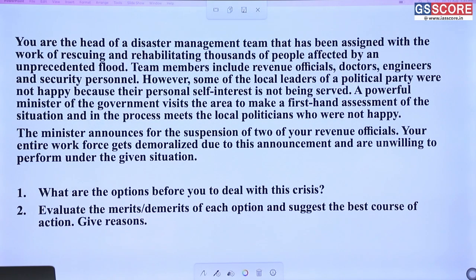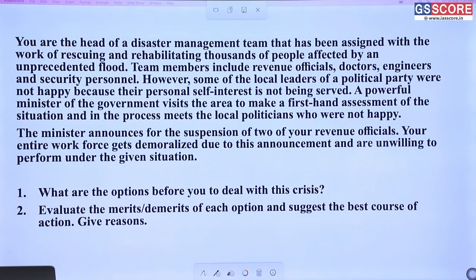You are head of a disaster management team that has been assigned the work of rescuing and rehabilitating thousands of people affected by an unprecedented flood. Team members include revenue officials, doctors, engineers, and security personnel. However, some of the local leaders of a political party were not happy because their personal interest is not being served.